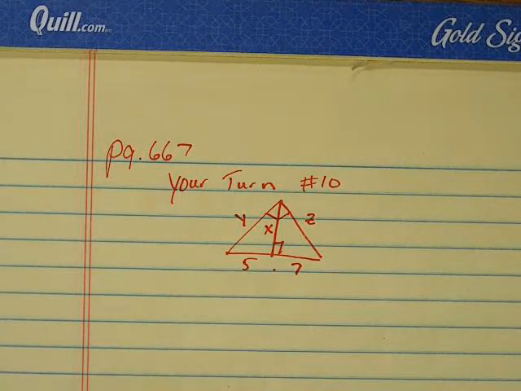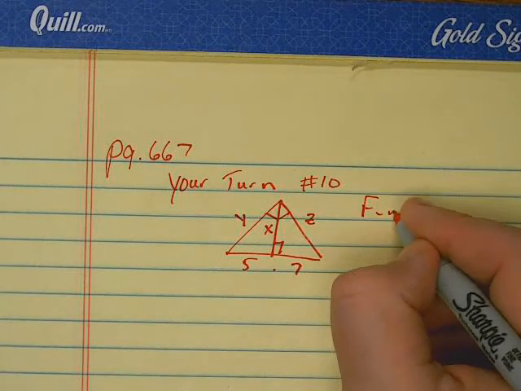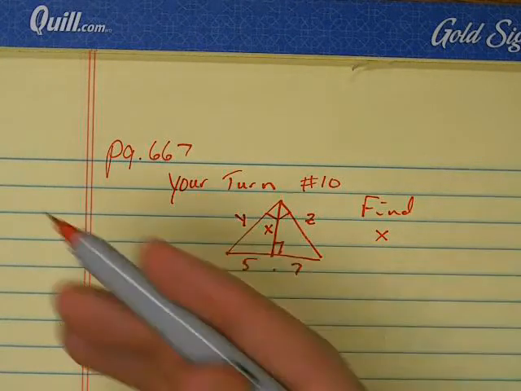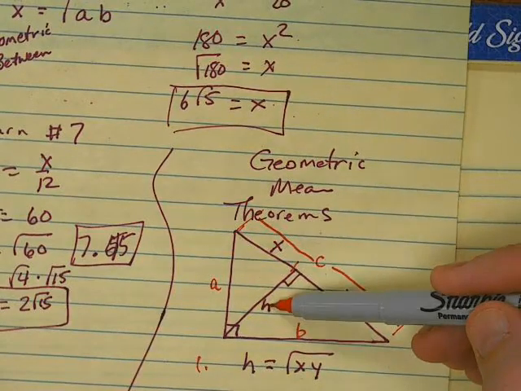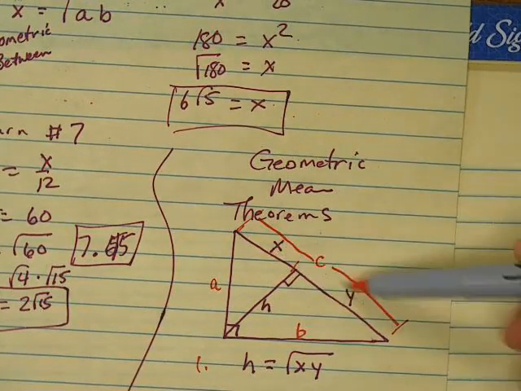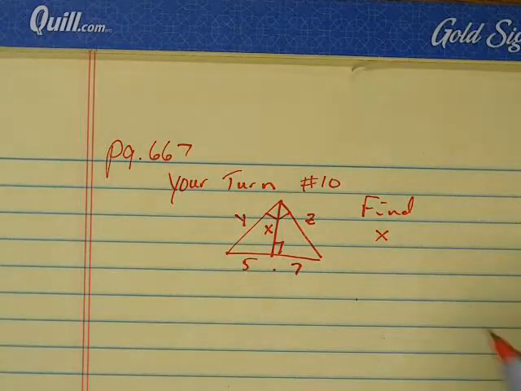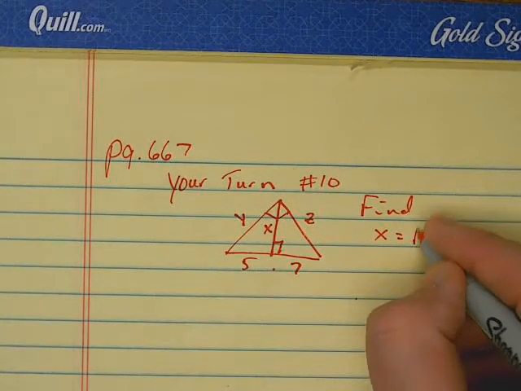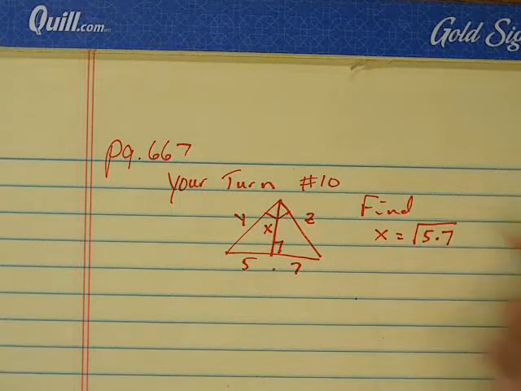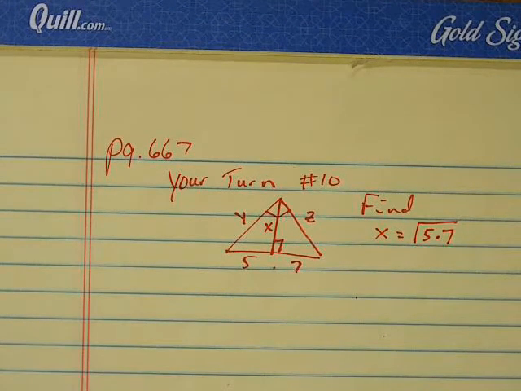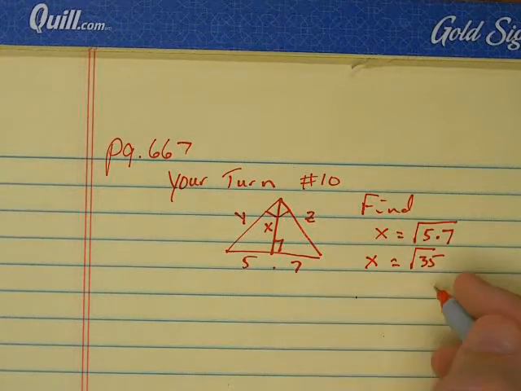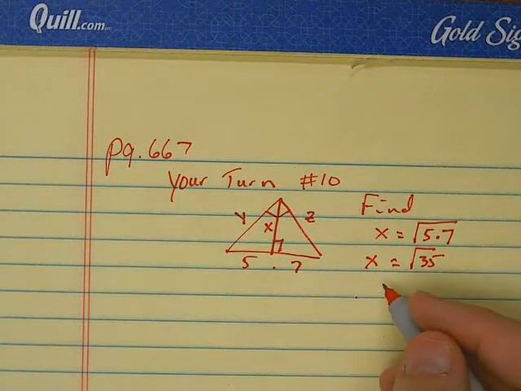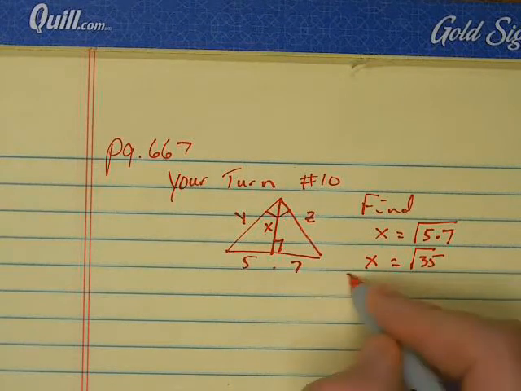They want us to find X. From what we just learned, X is the geometric mean between the parts of the hypotenuse, the product of 5 and 7. So that's equal to the square root of 35, which is 5 point something.